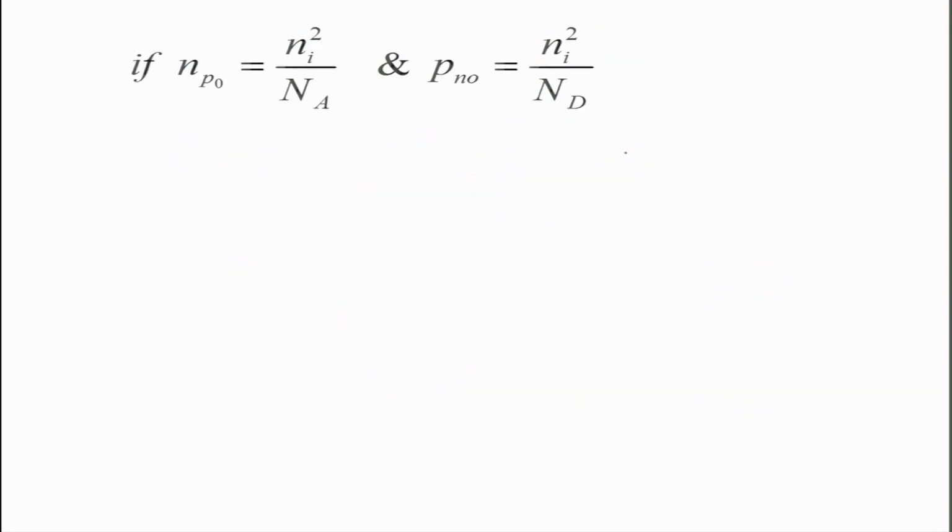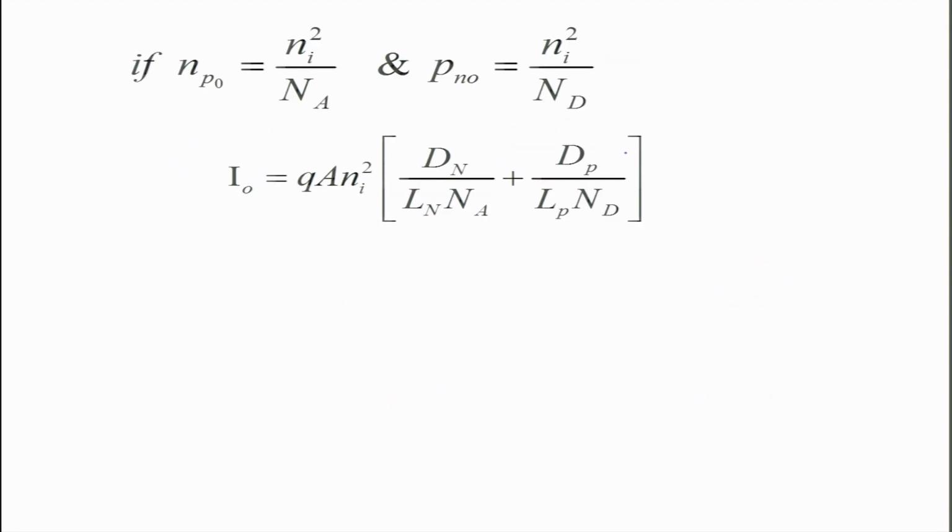We know what Np naught and Pn naught are, and if we replace them, we get I naught equal to qA into Ni square times Dn divided by Ln Na plus Dp divided by Lp Nd. You can further tweak these equations. For example, if Na was a lot larger than Nd, which means the P side was more heavily doped than the N side, then this is almost equal to qA Ni square into Dp divided by Lp Nd.